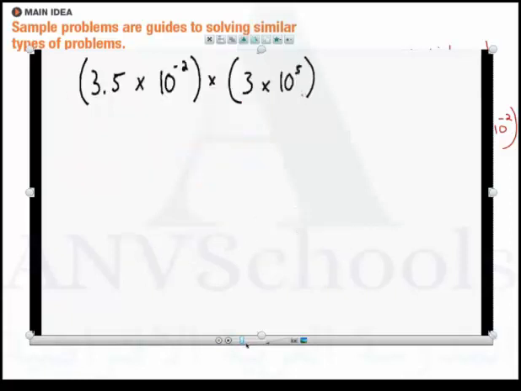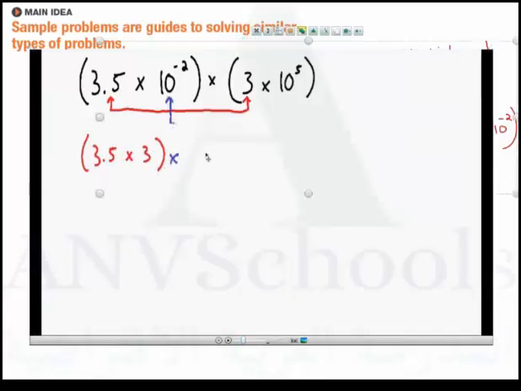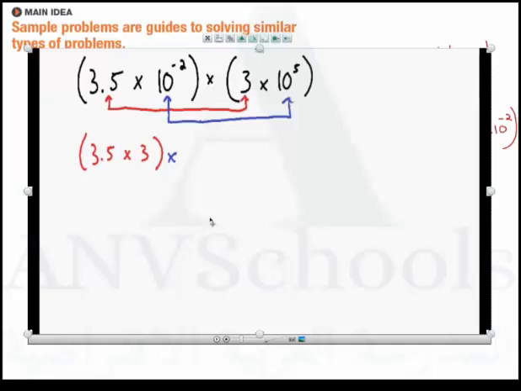Let's look at an example which is a little bit challenging. We first of all multiply the base numbers. After that, we will have 3.5 multiplied by 3, and you multiply by 10, and then we will be adding with this. So what do we get here? We get 10 exponent of 2, 10 to the 5th.